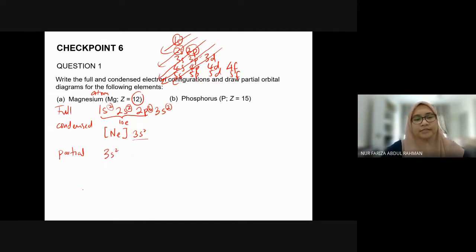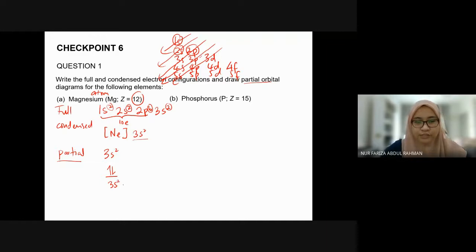Same goes for the orbital diagram. The question is asking for the partial orbital diagram. We have the partial electron configuration already, so the partial orbital diagram will be 3s, and then we have 2 electrons in the orbital. This is how the partial orbital diagram looks. Again, I remind you, please do not include the subscript for the orbital diagram.